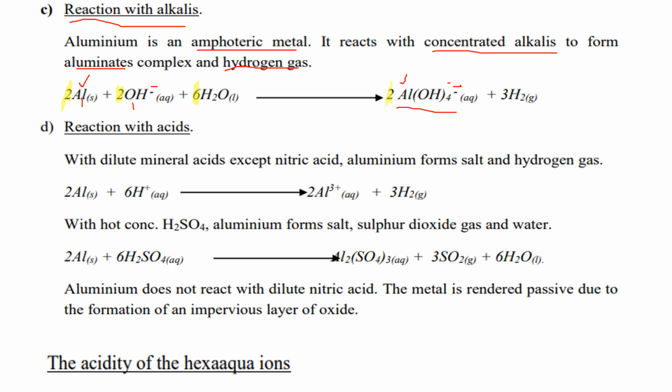From oxygen, hydrogen is always the last. So the side that lacks enough oxygen atoms is where we add water molecules in, according to the number of water molecules remaining. So if you look at this side, we are having 4 oxygen molecules. Remember that this water came in later.